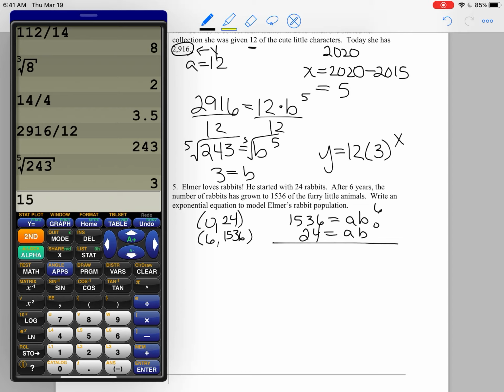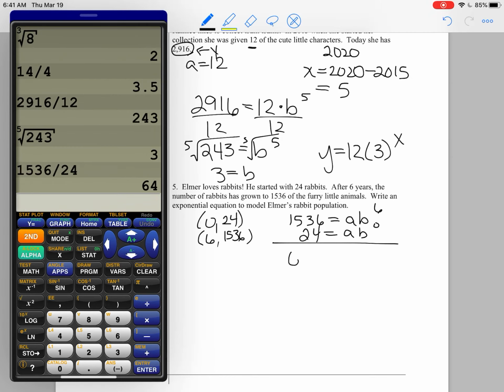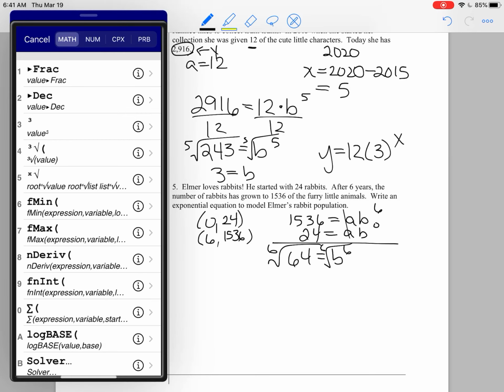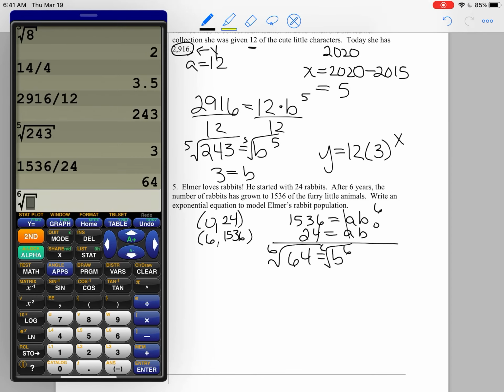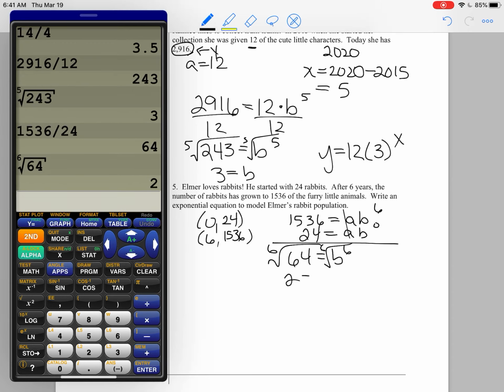Divide. 1,536 divided by 24 is 64. A's cancel, and 6 minus 0 is 6. Okay, so same thing. We're going to do it this time to the 6th power. 6 math there of 64 is 2.